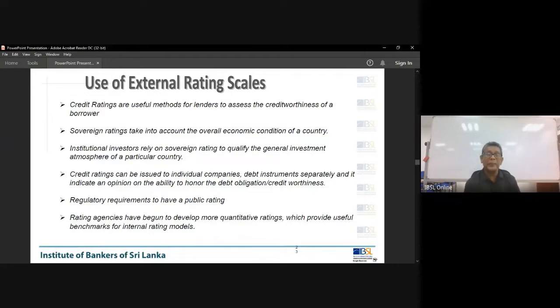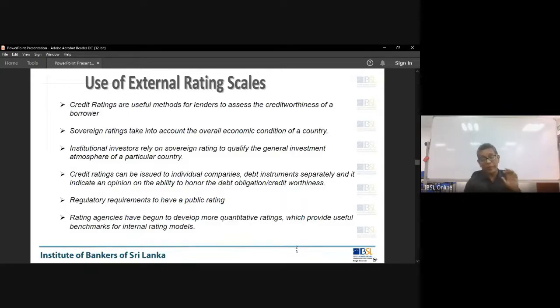Now, credit rating is useful, as you are well aware, for lenders to assess the creditworthiness of a borrower, and sovereign ratings take into account the overall economic conditions of the country, and institutional investors rely on sovereign ratings to qualify the general investment atmosphere.